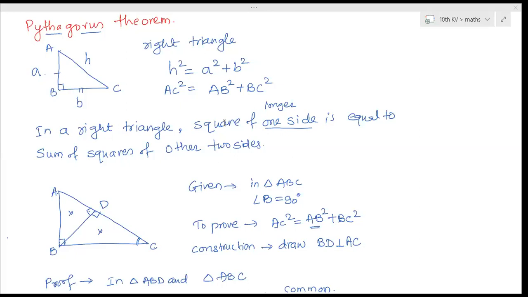Pythagoras was actually Euclid's geometry, which last year you have learned. So Euclid's student was Pythagoras. Around 600 BC, they derived all these things.